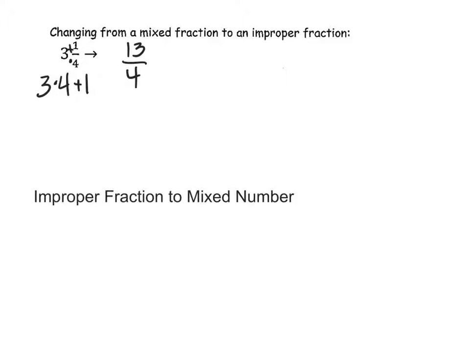Okay, let me give you another one to practice. 6 and 1/2. Six and 1/2. Okay. Big number times the denominator, add the numerator. What'd you guys get? 13 over 2. Perfect.